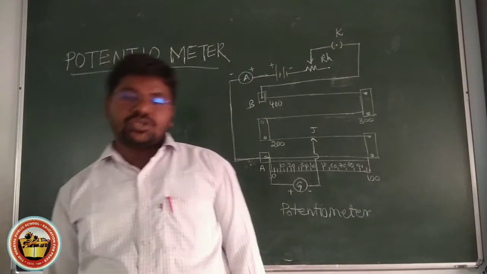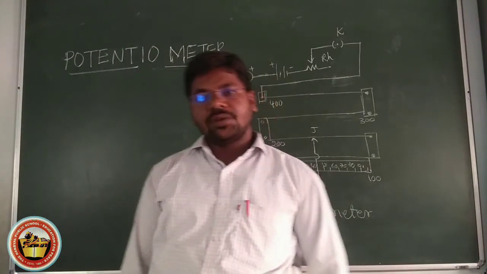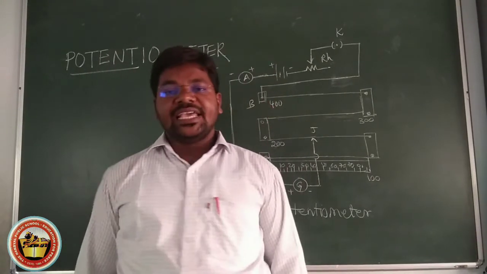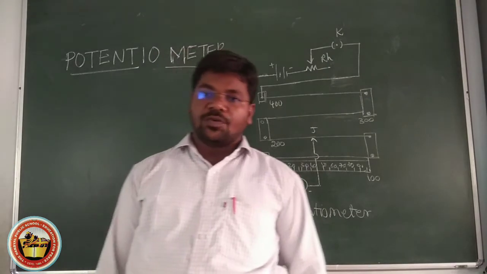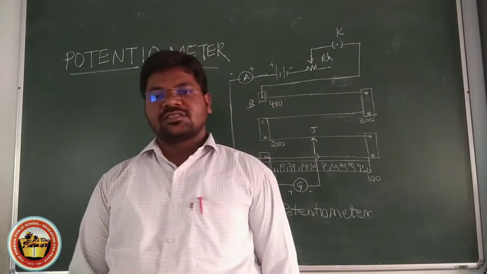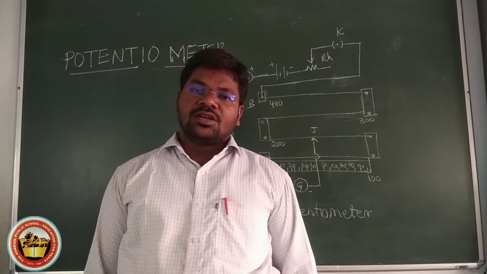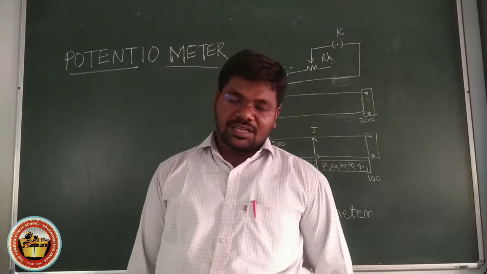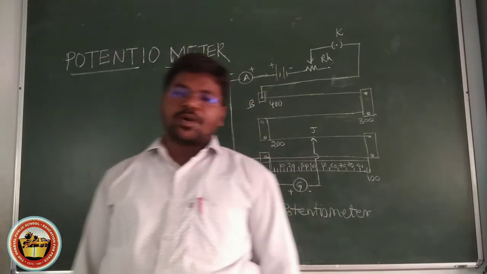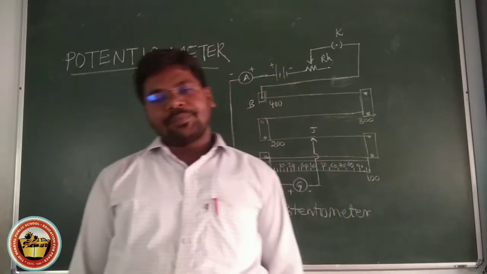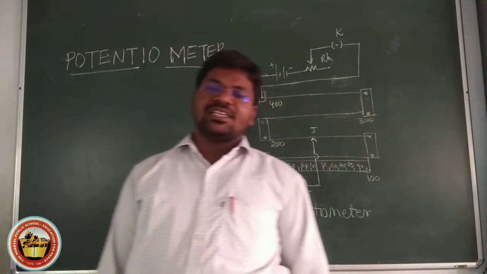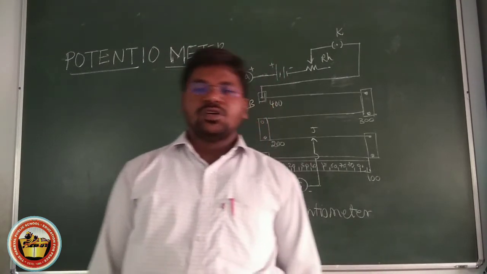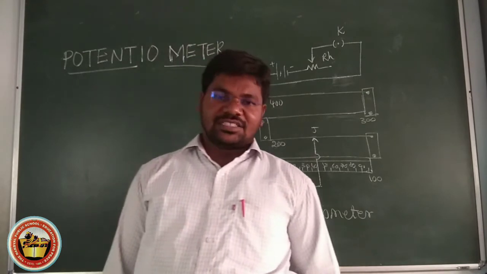Coming to the potentiometer. A potentiometer is an apparatus used to compare EMFs, electromotive force of two cells, and to measure the internal resistance of a cell. So what is a potentiometer? A potentiometer is an apparatus used to compare the EMF of two cells and to measure internal resistance.